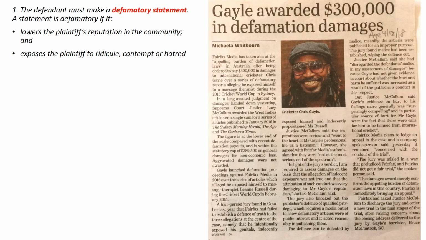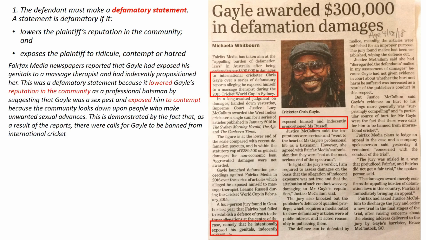In this case, the newspaper articles stated that Chris Gayle exposed his genitals to the massage therapist and indecently propositioned her. In other words, the newspaper articles suggested that Chris Gayle was a sex pest. This damaged Chris Gayle's reputation as a professional batsman and resulted in him being treated with contempt or scorn, as demonstrated by the calls to ban him from international cricket.